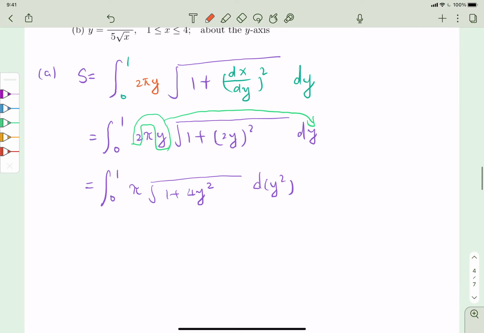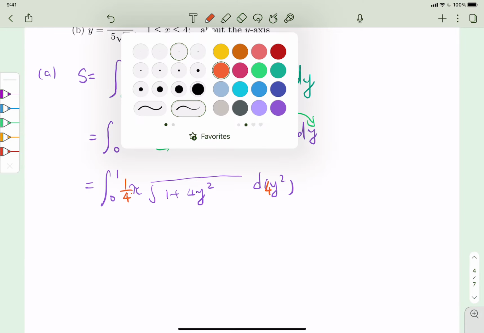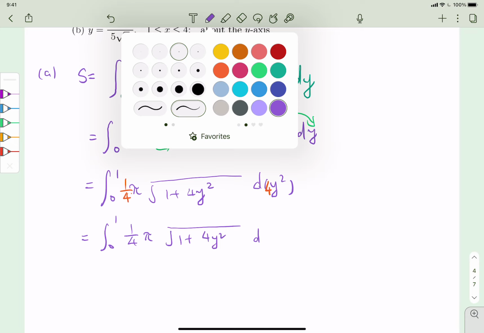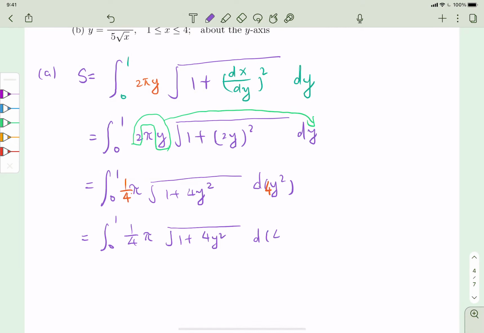I need a 4. So I place a 4 here. And I also need to put another 1 over 4 here to cancel with that 4. Okay? And still I'm missing something in the differential sign. That is the constant 1. But we know that there's no cost to put another constant in the differential sign because the derivative of any constant is 0.